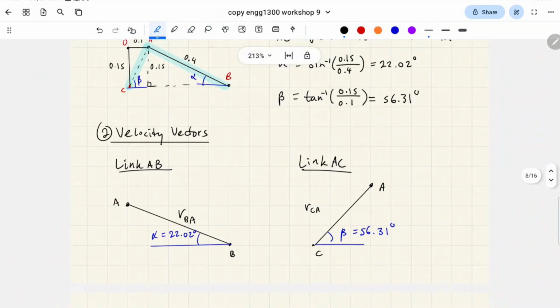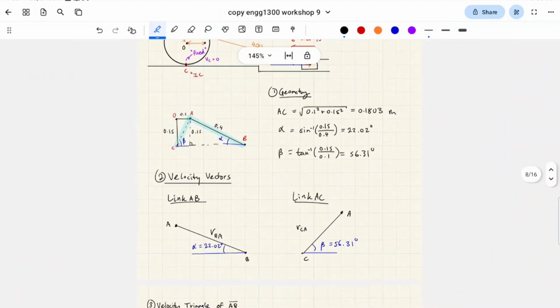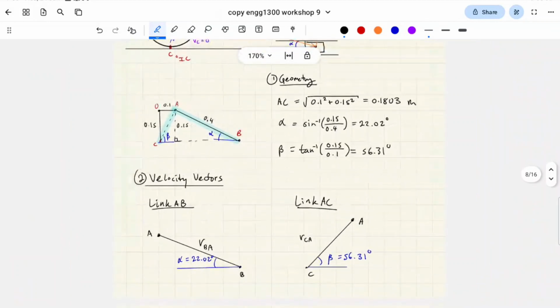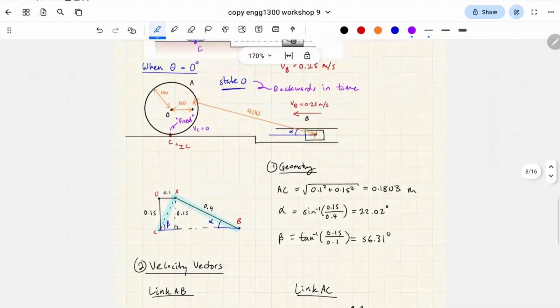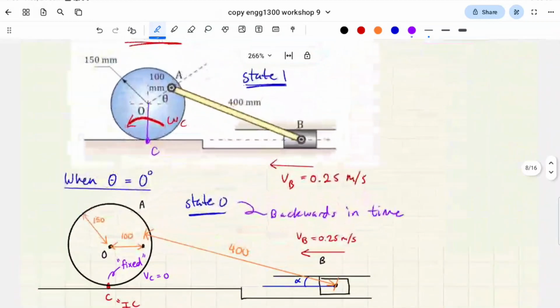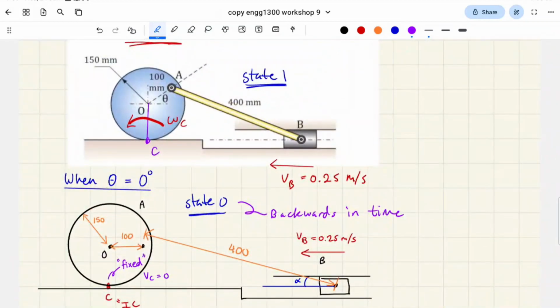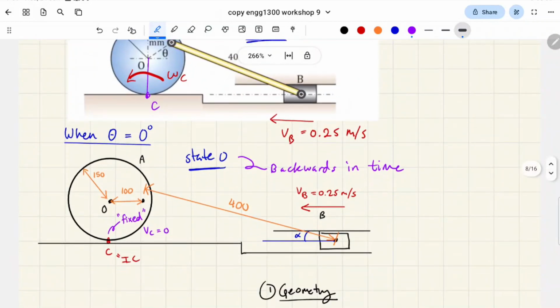So let's have a think about omega. I'll draw it up here.